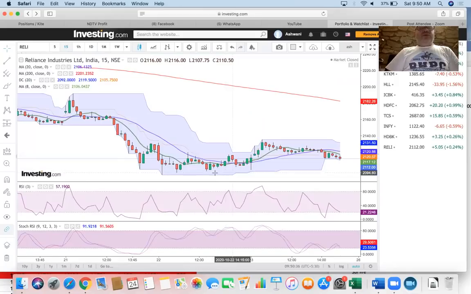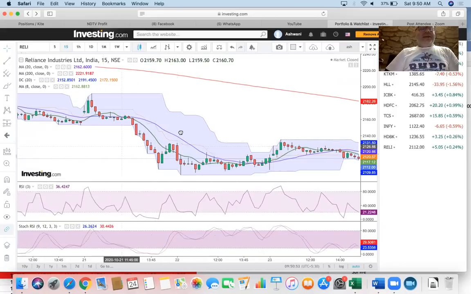The day before's low was about 2092. Yesterday's low was 2097. So within 5 points, you got this rejection bar and immediately you got your 20 points on the upside.